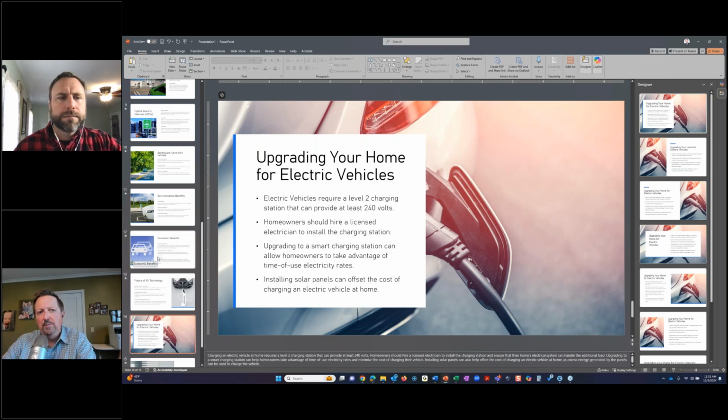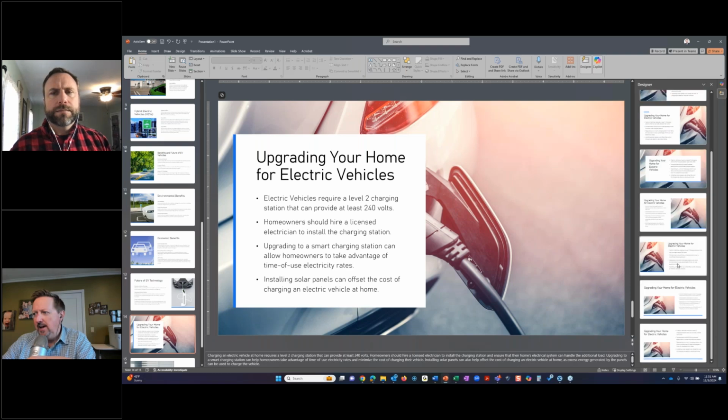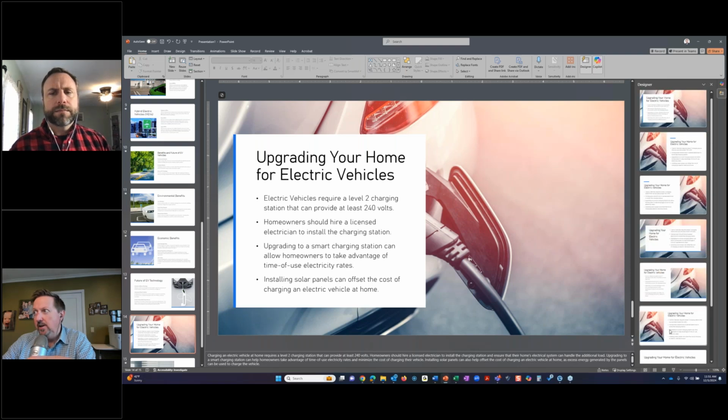You see that most of them are either image left, text right, or text left, image right. So I want to fix this one, and so let's go. I'm going to go image left, text right, and I like this one here.